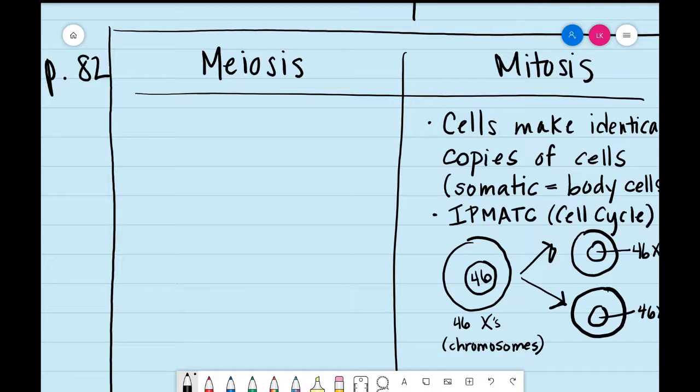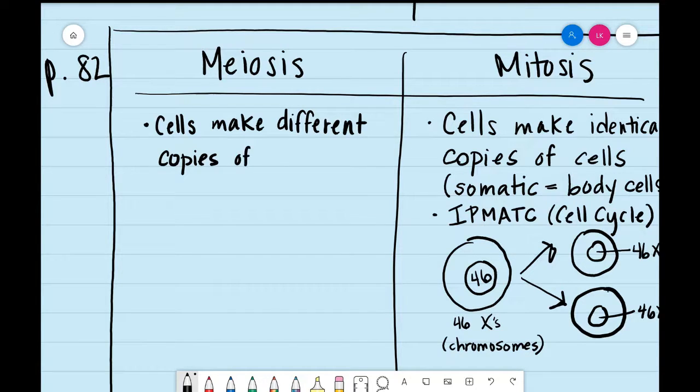Now, meiosis is a little bit different. Cells, when they undergo meiosis, make different copies of the original cell. There's many reasons why this happens, but we're going to get to that later.